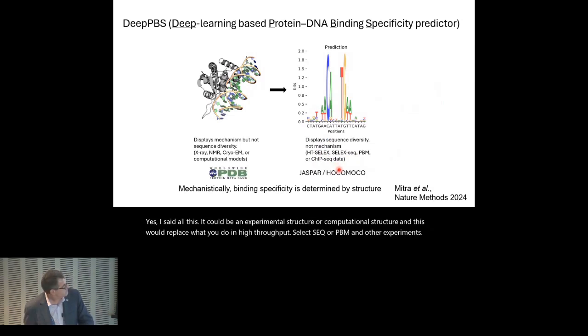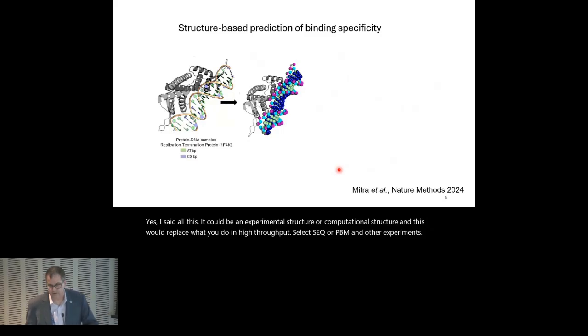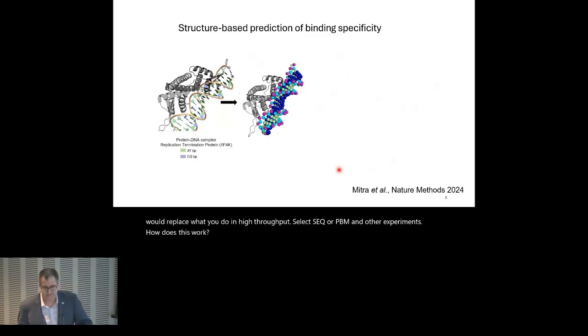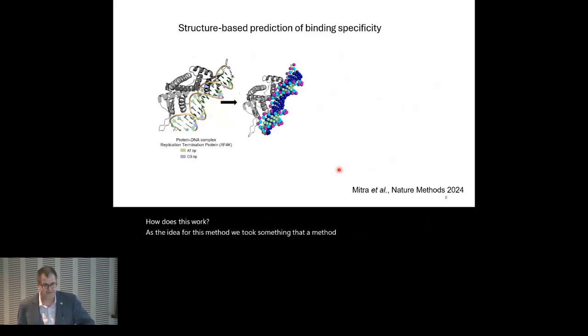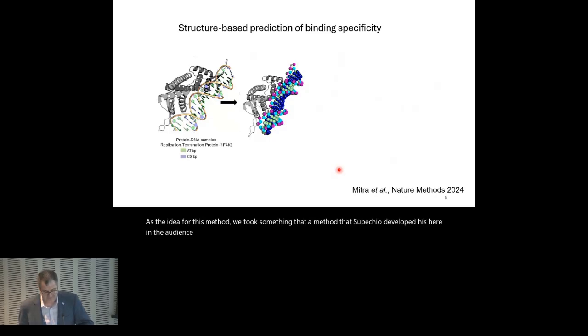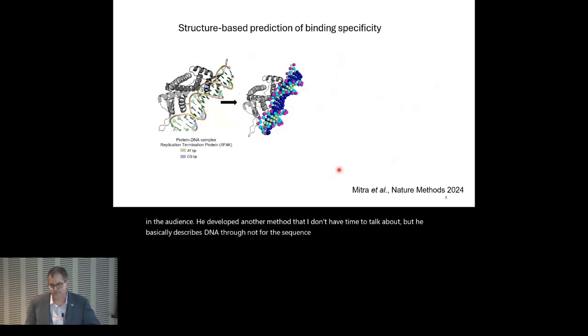How does this work? As the idea for this method, we took a method that Tsu-Pei Chiu developed. He's here in the audience. He developed another method that I don't have time to talk about, but he basically describes DNA not through the sequence, but through the functional groups, both in the major and in the minor groove.